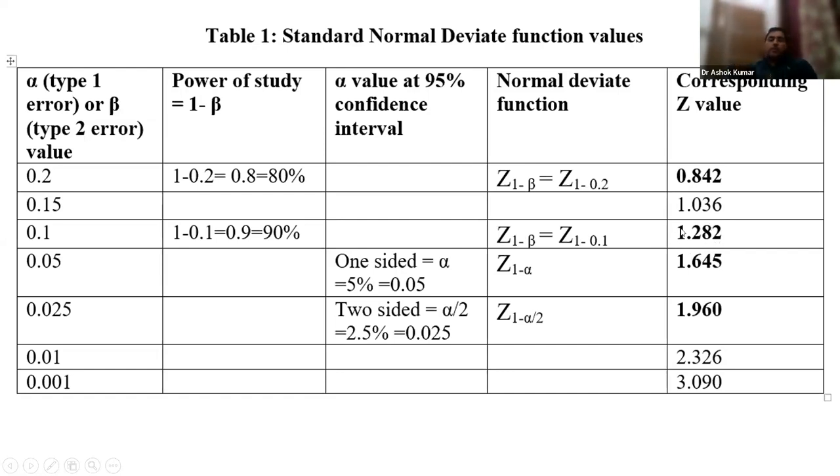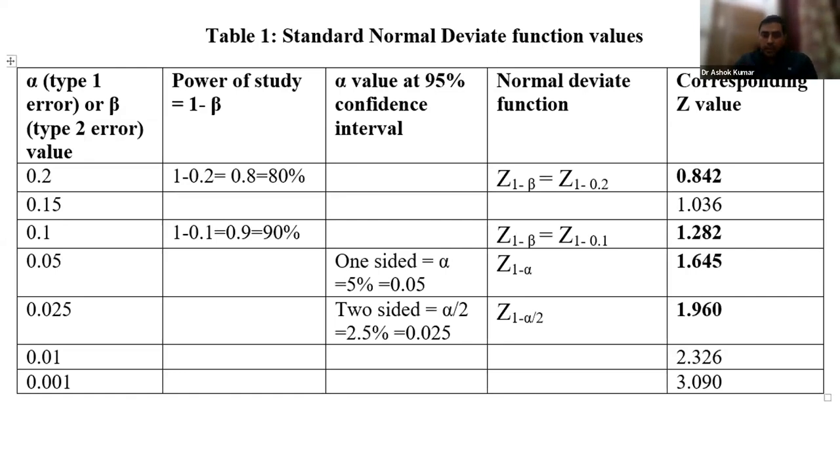1.282. So what you have to remember: if we are taking power of study as 80%, z 1 minus beta is 0.842. And if we are taking power of study as 90%, z 1 minus beta is 1.282. These are constants, tabulated z values from the z table.